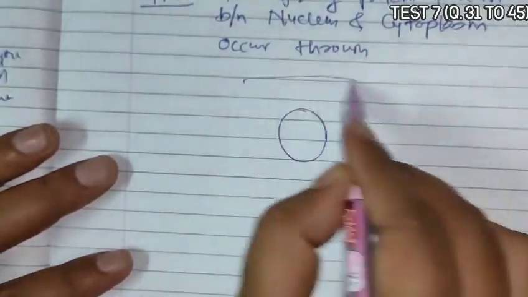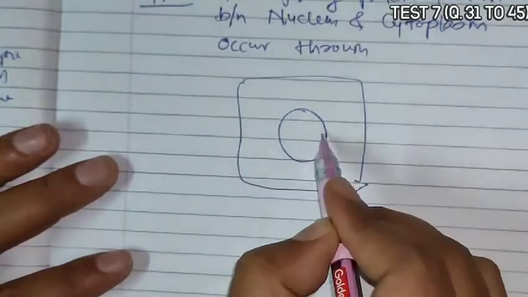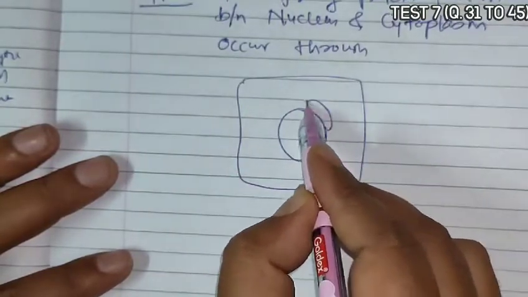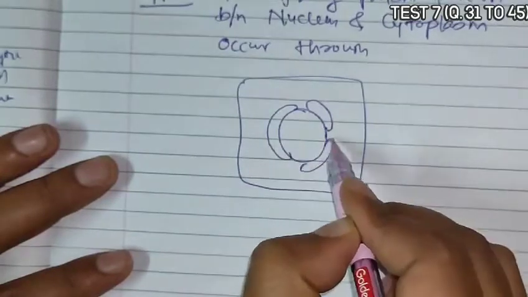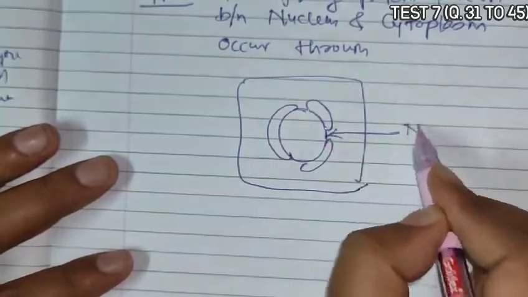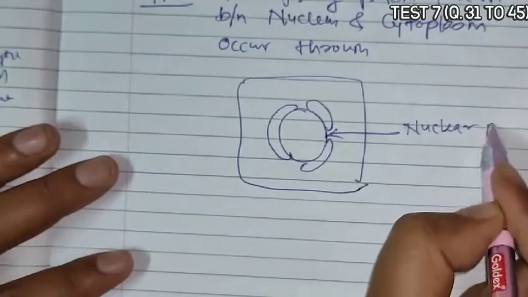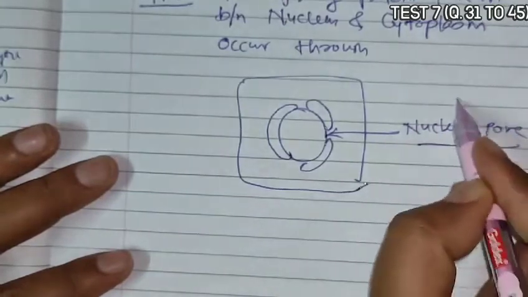Actually, this transport between the nucleus and the cytoplasm occurs through the pores which are formed by the fusion of outer and inner membrane, and these are known as nuclear pores. So nuclear pore becomes the correct answer for this.